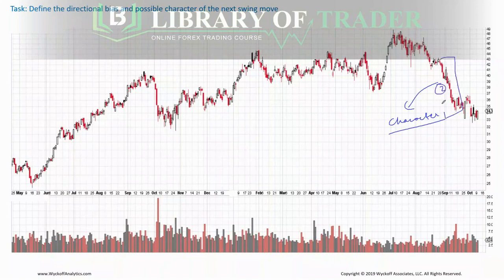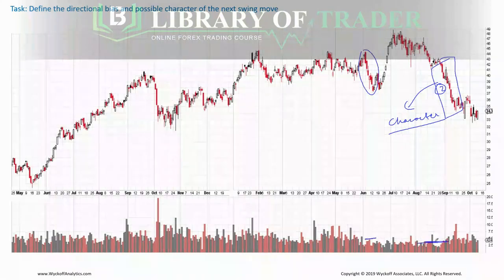To be frank, when I see that volume signature compared to the previous reaction in phase B, that quick reaction down, it seems to have a similar volume signature. Can you deconstruct that a little bit?